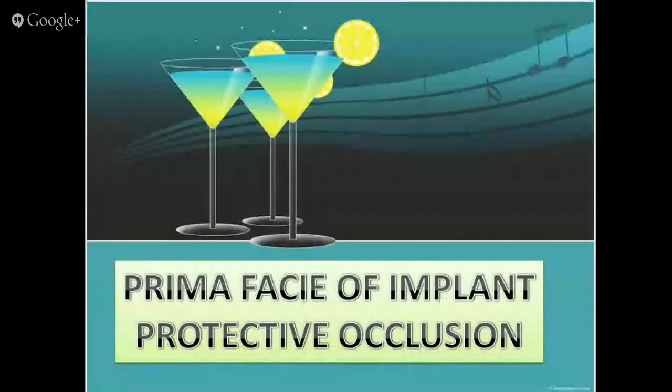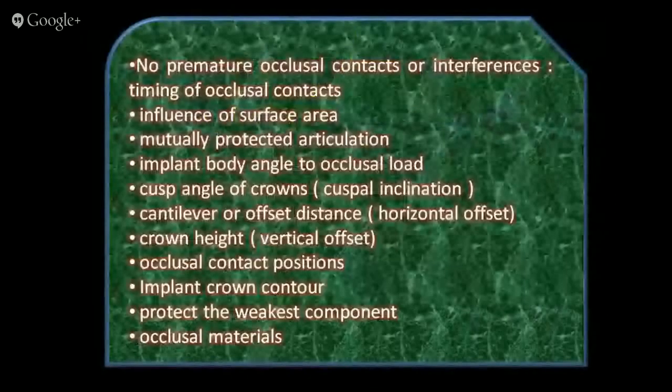Coming to the prima facie of implant protected occlusion, what exactly constitutes this sphere of implant protected occlusion? What are the parameters that we have to look into? First is the timing of occlusal contacts. No premature occlusal contacts or interferences. Influence of the surface area. Mutually protected articulation.